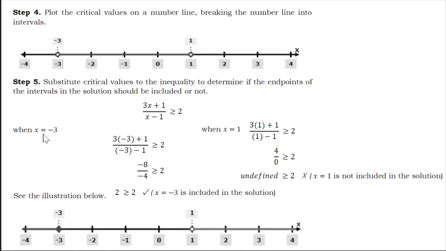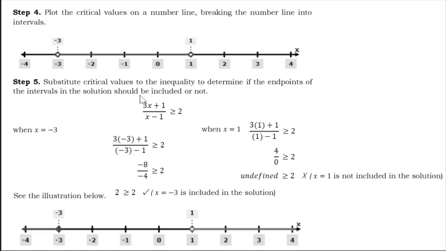So, when x is equal to negative 3, by substituting the critical value into our original inequality, our inequality is (3x plus 1) over (x minus 1) greater than or equal to 2.